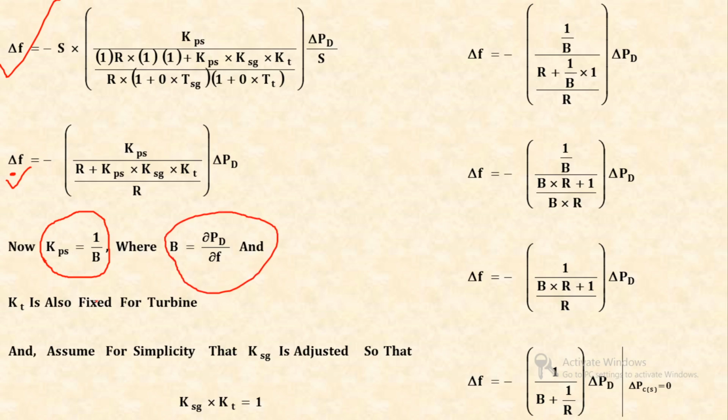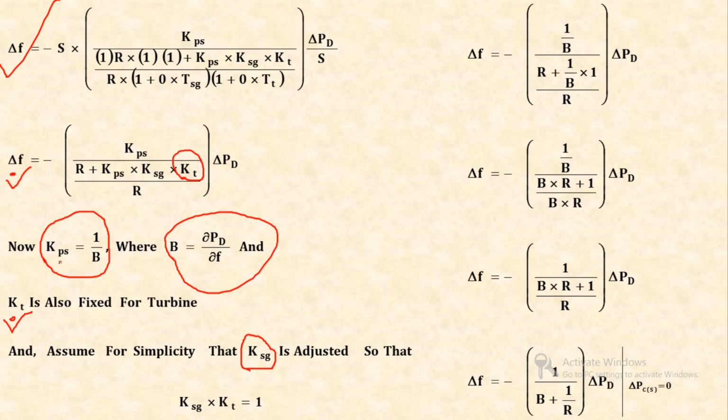Now, we can say that kt, that is the turbine time constant, is also fixed. Kt is a constant value, clear? This Kt is constant because the turbine has no feedback, so its gain is always fixed. And assume that KSG is adjustable. KSG, the gain of the speed governing system, is adjustable.